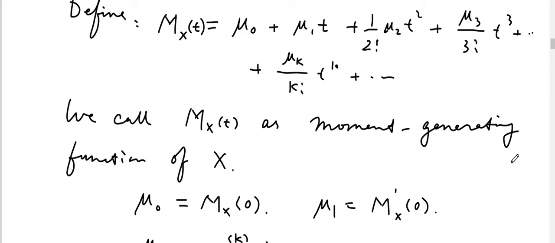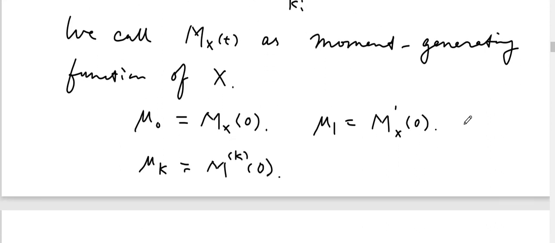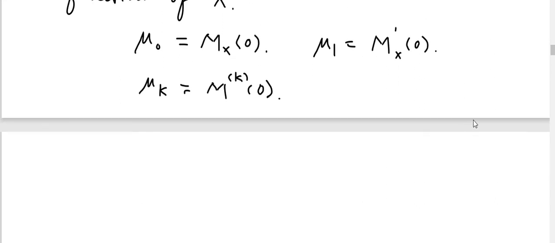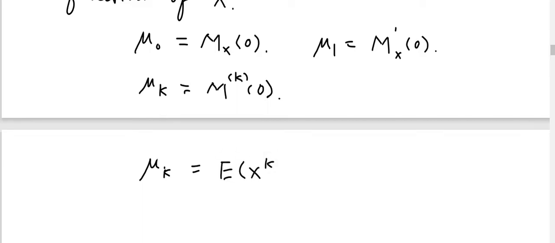So what is mu1, mu2? What is mu k? We say mu k is E of x to the k, right?